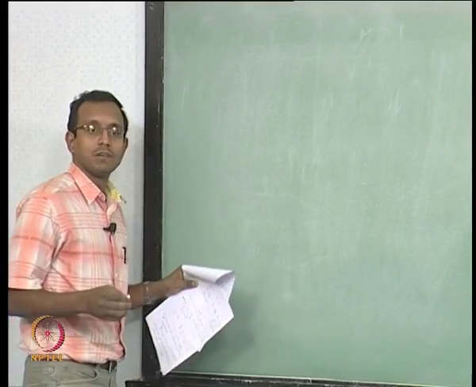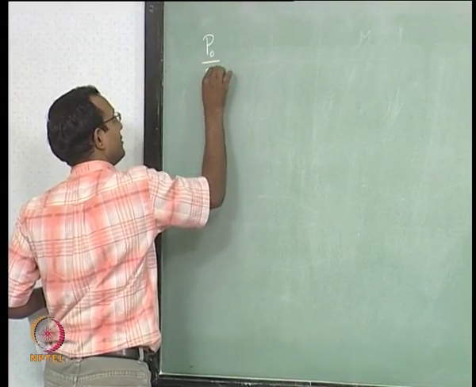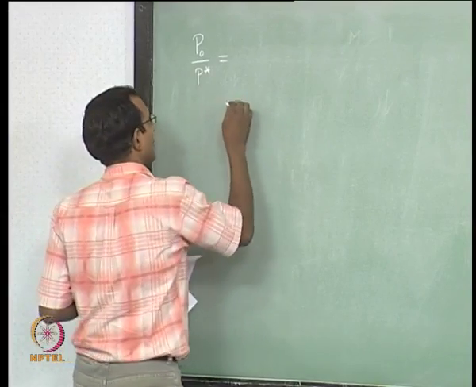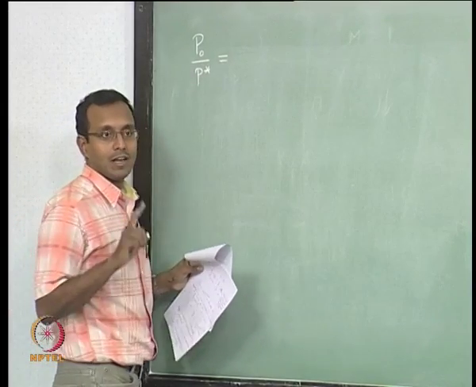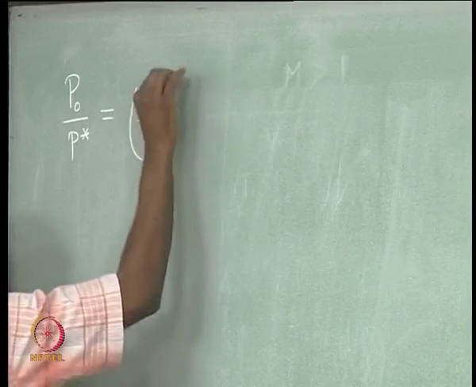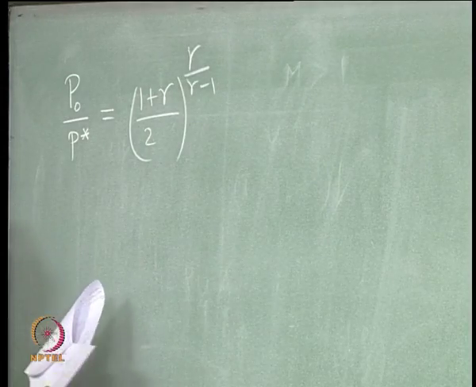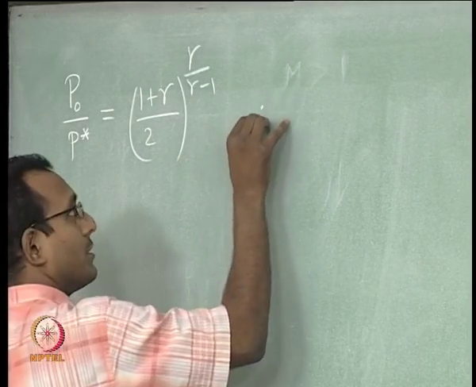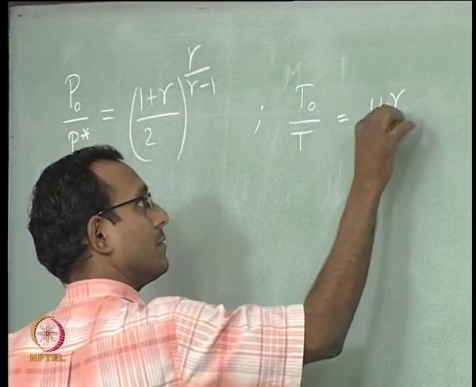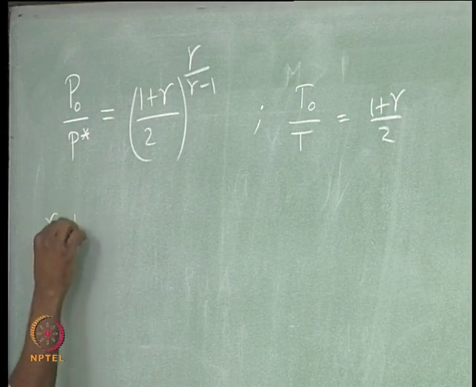So, some special cases, it is just a special case of the formulae which you already derived. It is good to remember this number, P naught by P star, that is the stagnation to static ratio at M equal to 1. I will put the other one also, T naught by T star, for gamma equal to 1.4.